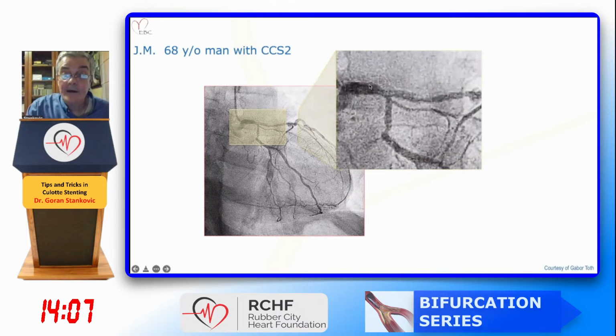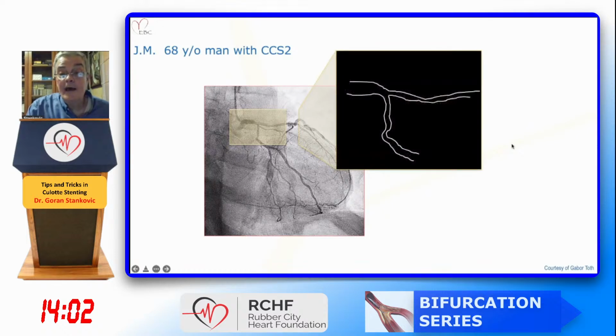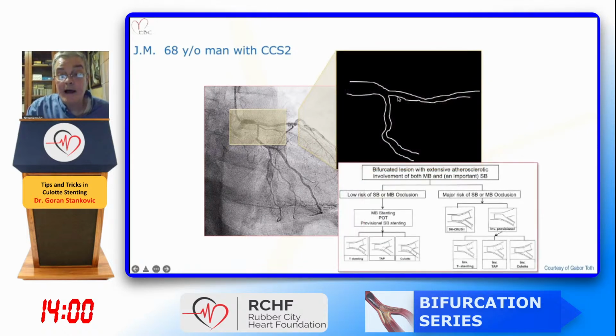Here, if we enlarge, you can see the lumen contour, and this is the lumen contour according to the EBC algorithm that I already presented. Wide angle, no tight lesion at the ostium of the side branch. This patient comes in the low risk of side branch occlusion after main vessel stenting.